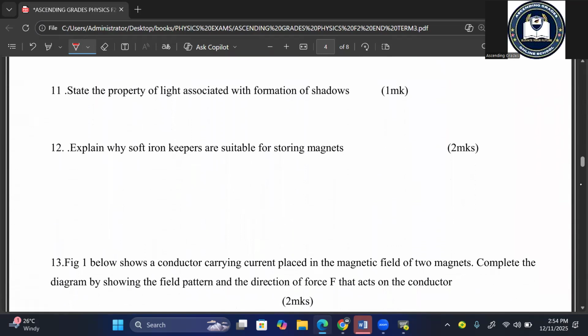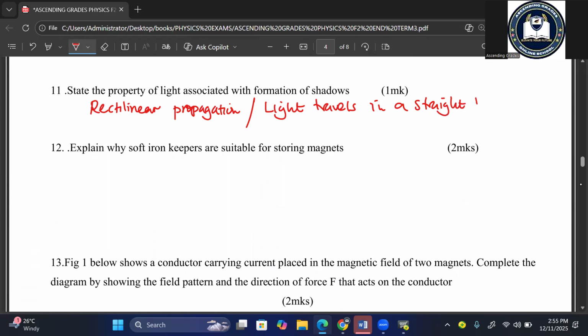So you can either say the rectilinear propagation or light travels in a straight line.